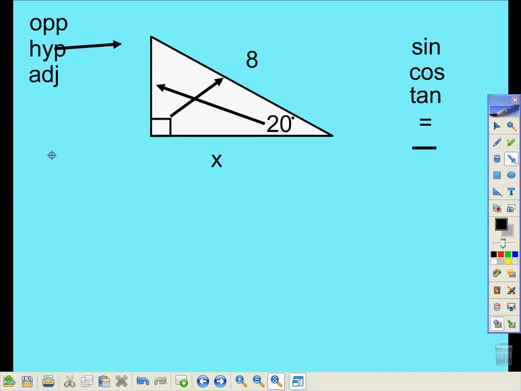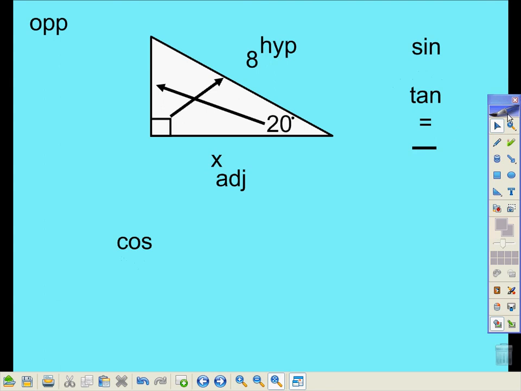Oops. Messed up there. Hold on one second. Alright, so we don't need that. So we've got our hypotenuse, which is 8. Process elimination lets us know this number right here is the adjacent side. Adjacent and hypotenuse, the only two things we have, and therefore it must be cosine that we're dealing with.